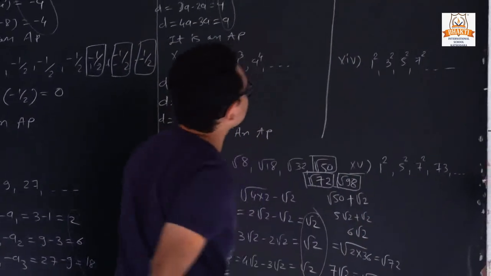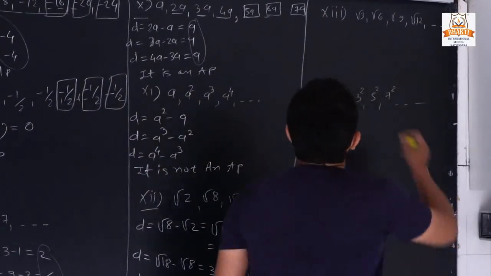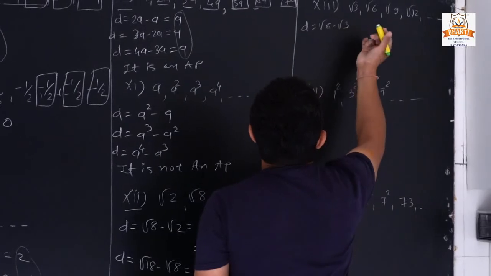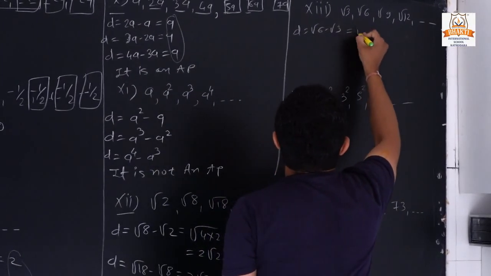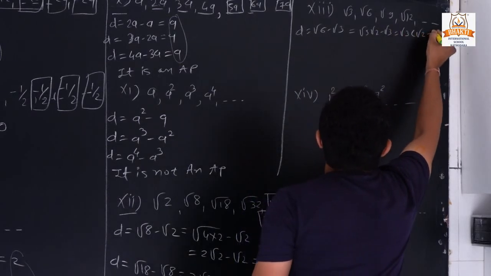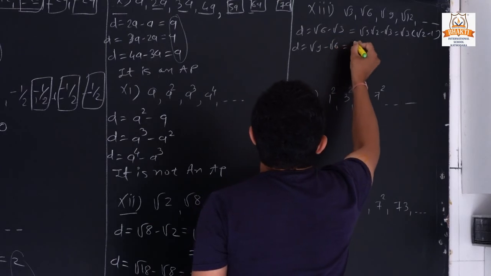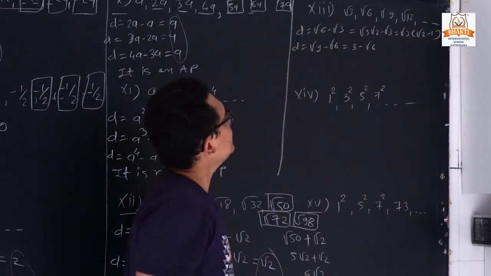Now next, root 3, root 6. The difference is root 6 minus root 3. Root 6 we can write as root 3 into root 2. Root 3 is common, so root 2 minus 1. Once again root 9 minus root 6, so 3 minus root 6, because the square root of 9 is 3.